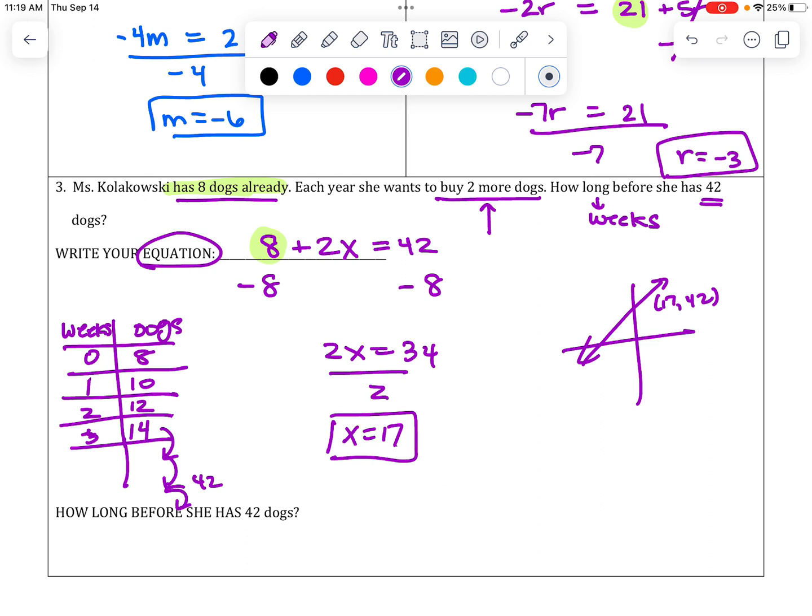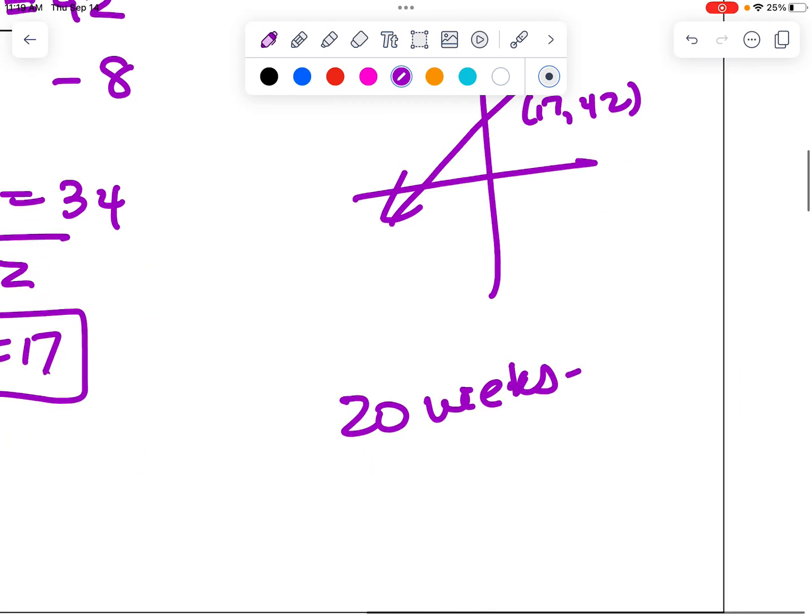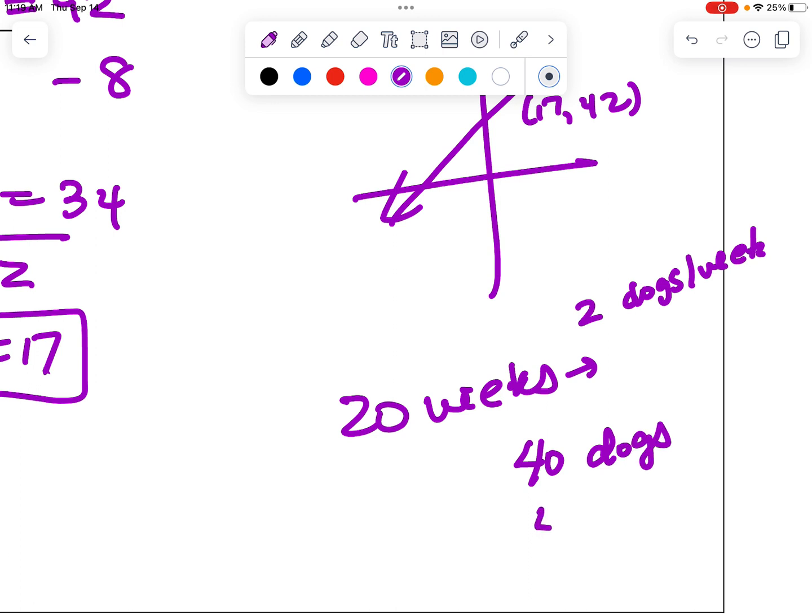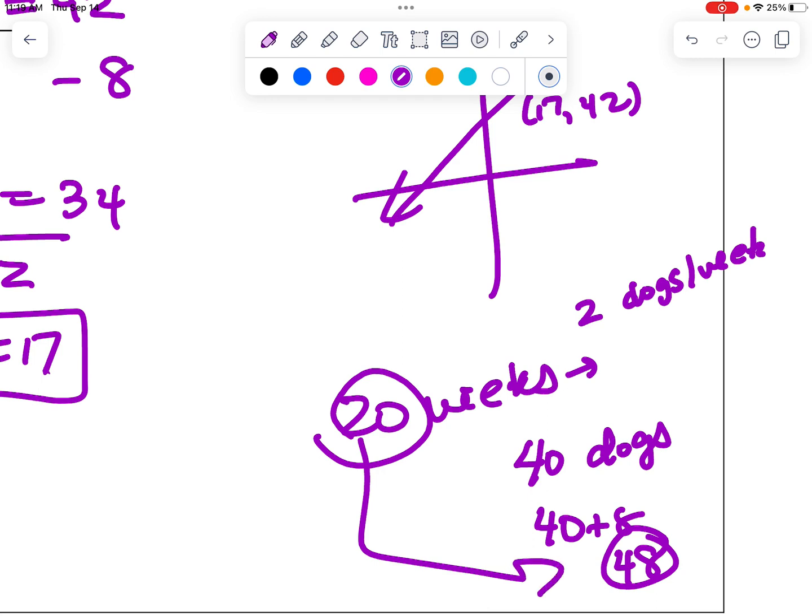You could say, okay, I'm going to guess maybe like 20 weeks. So 20 weeks, if she's getting 2 dogs per week for 20 weeks, that would be 40 extra dogs, plus she's got the 8. So after 20 weeks, she's got 48.